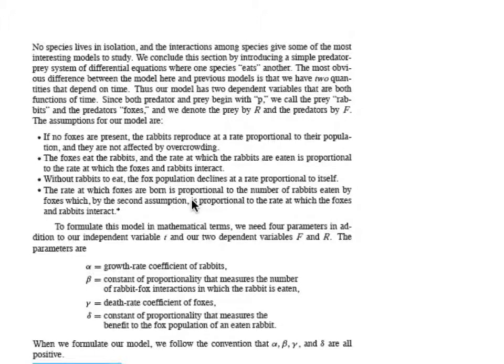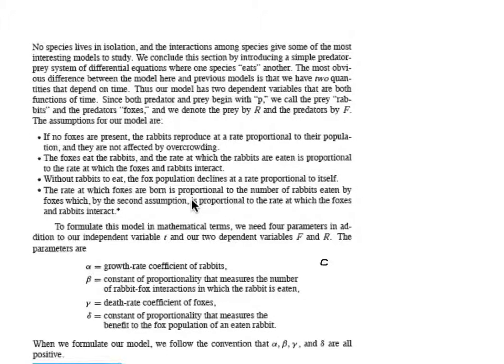If no foxes are present, the rabbits reproduce at a rate proportional to their population, and they are not affected by overcrowding. So I'm going to start writing. I don't have much room on this screen, but I want to keep it all on one screen.